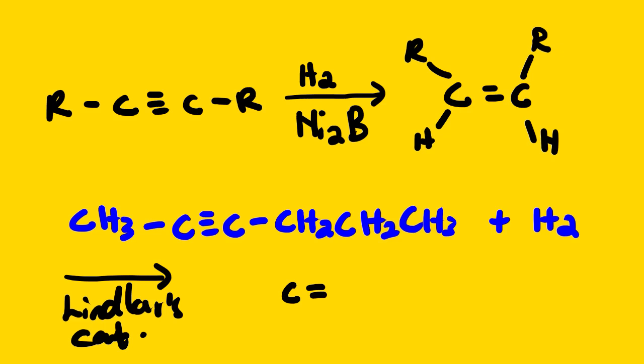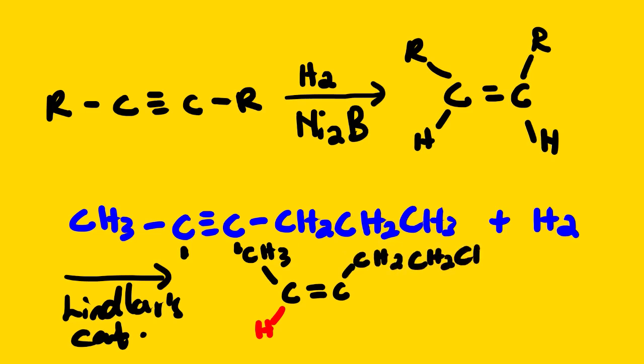Remember that we are going to add hydrogens here. So it means that this part, we can put it like this, CH3, and then we have our first hydrogen here, then our second carbon, which is this one, and then the rest of this part we can put on top also. Remember, it's a cis, and then we have our hydrogen here. So you can see that this is an alkene, specifically a cis-alkene.